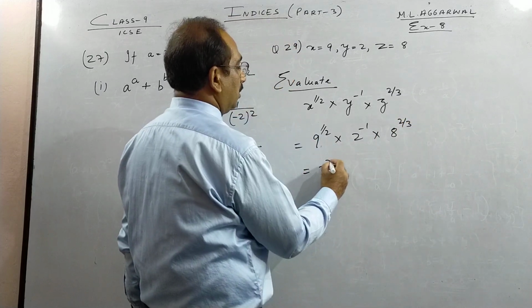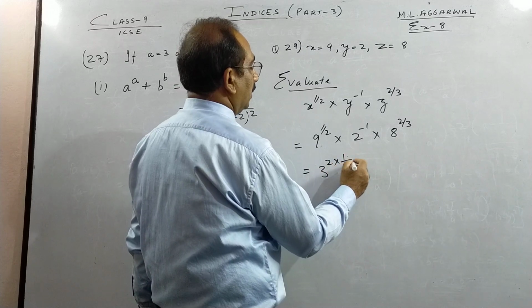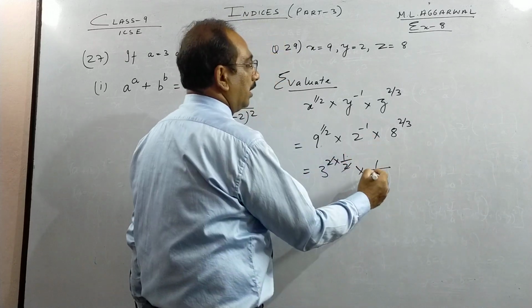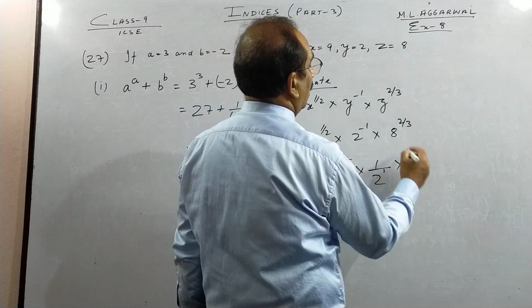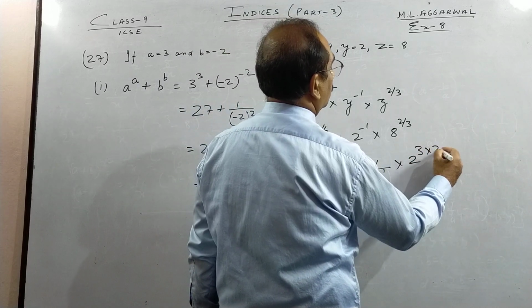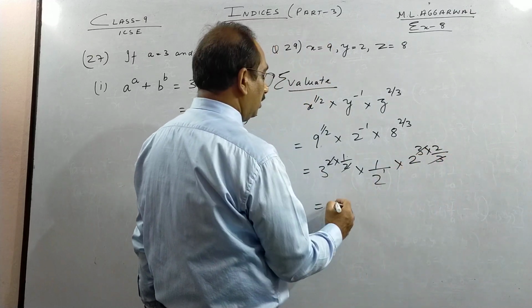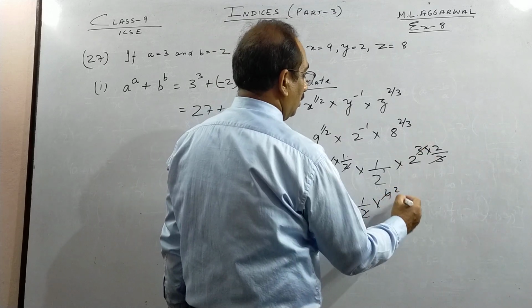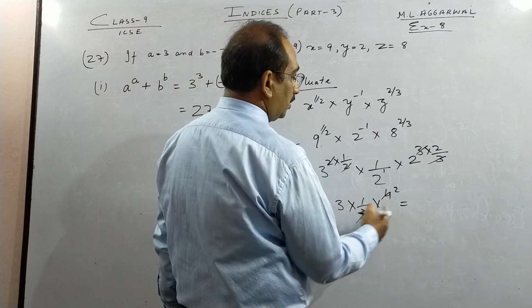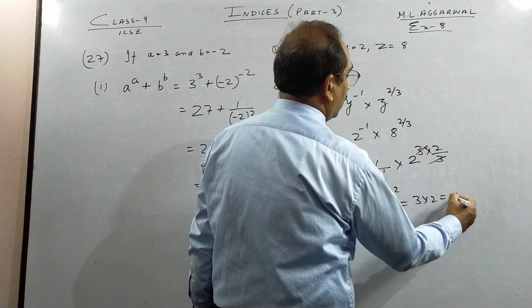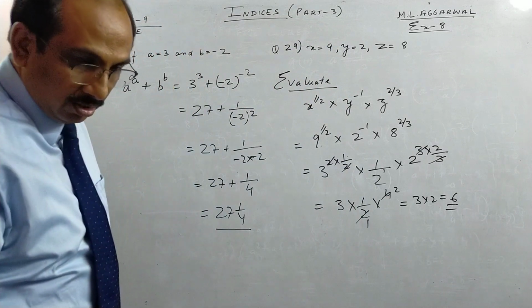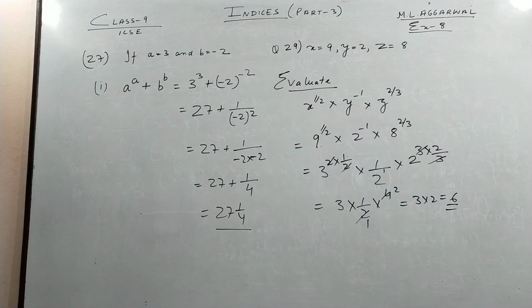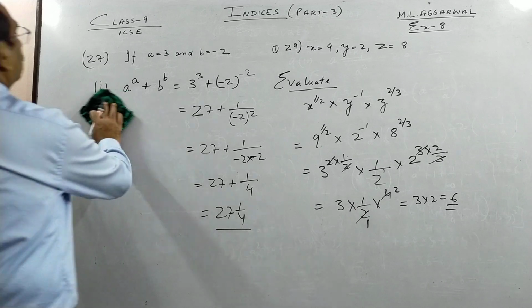Now see, 9 can be written as 3 square, and this 2 will cancel. Negative power becomes positive here, and 8 can be written as 2 cube. So you cancel, and finally we have 3 into half into 2 square, which is 4. So if you cancel, 2 1s are 2, 2 2s are 4, you will get 3 2s are 6. So kindly pause the video and copy, and then we will move on to question number 32.